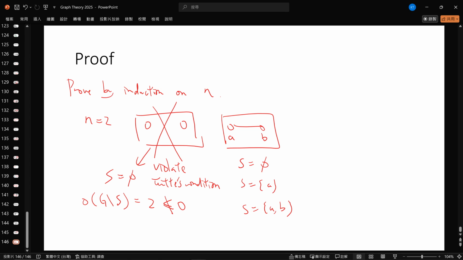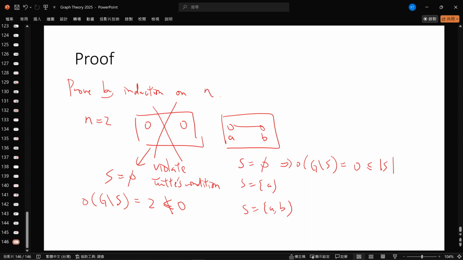So what happens if you remove no vertex from the graph? Then the number of odd components is 0, because the original graph has no odd component.